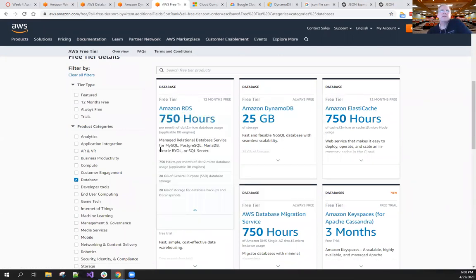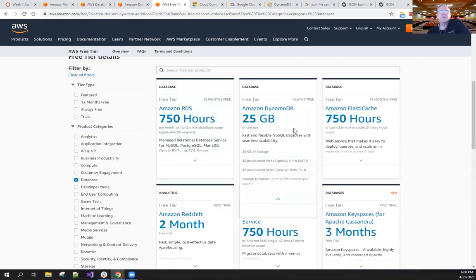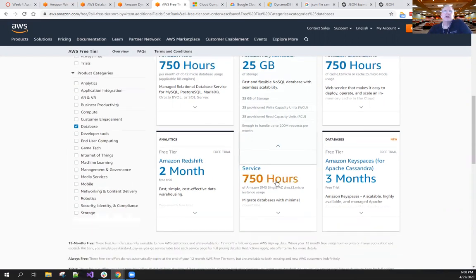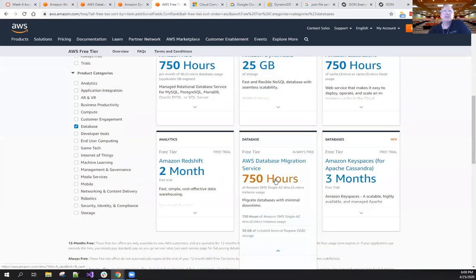So we're getting away from our old architecture of MySQL base. We're thinking of going to DynamoDB. I like that a lot. Let's see, always free, sweet. So our serverless, wow, free tier, that's so attractive. And then we've got this migration, 750 hours of migration.